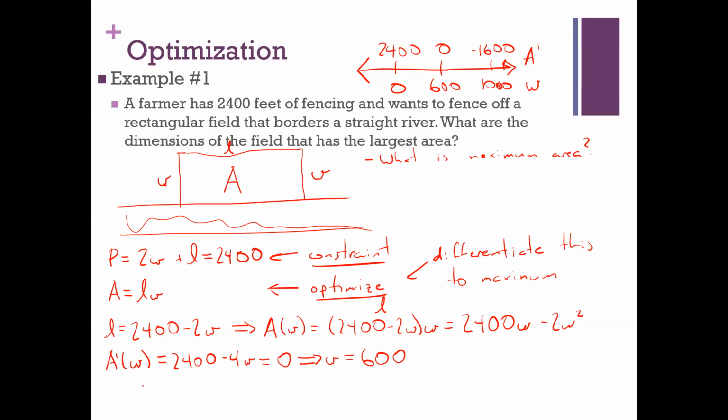So our max area, when we were asked for the dimensions, right? So we want a 600 foot by what area? If we said our width was 600 feet, how long is this field?